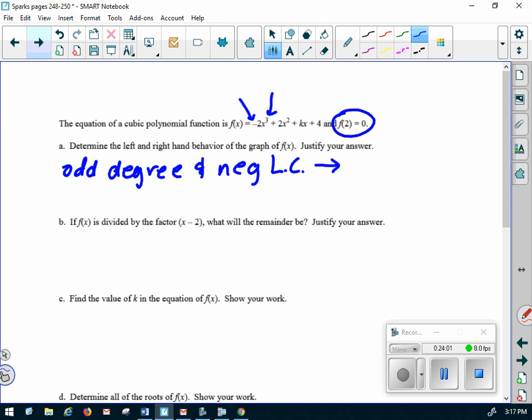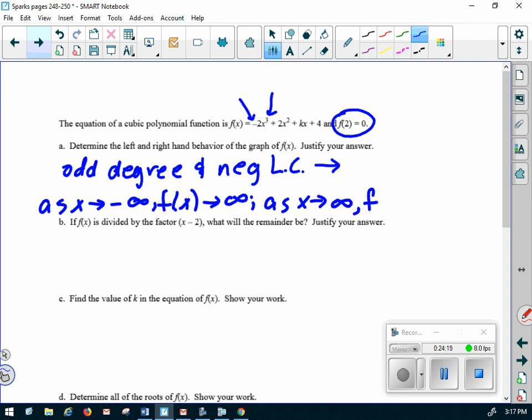They go opposite ways. The left hand is going to go up and the right hand is going to go down. So as x approaches negative infinity, f of x will approach infinity. As x approaches infinity, f of x will approach negative infinity.